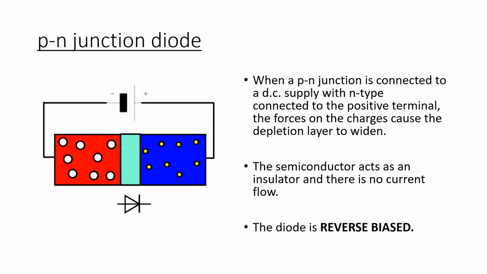In this scenario, the battery terminal has been reversed on the diode. The negative end has been connected to the p-type side of the semiconductor, and the positive end of the battery is connected to the n-type end of the semiconductor. Now, within the p-n junction itself, you still get electron hole migration naturally, and a depletion layer starts to build up.